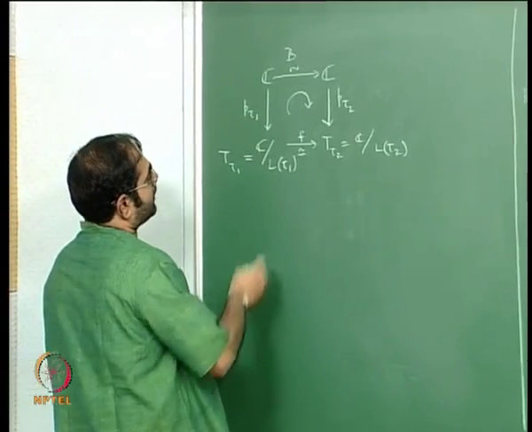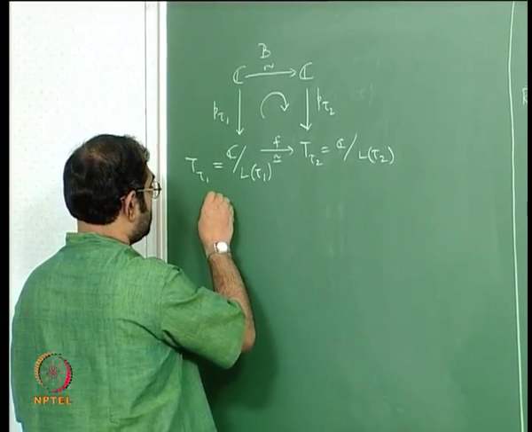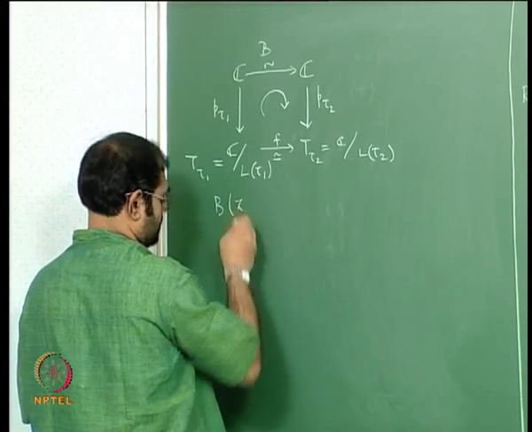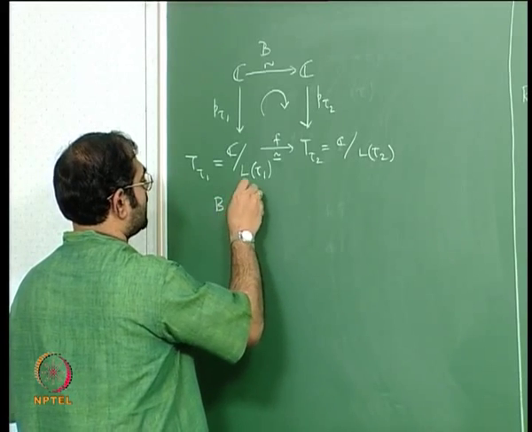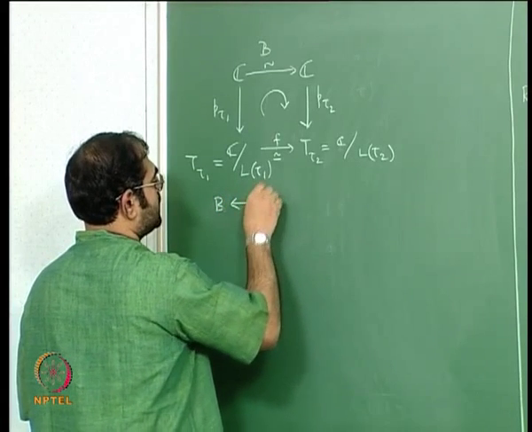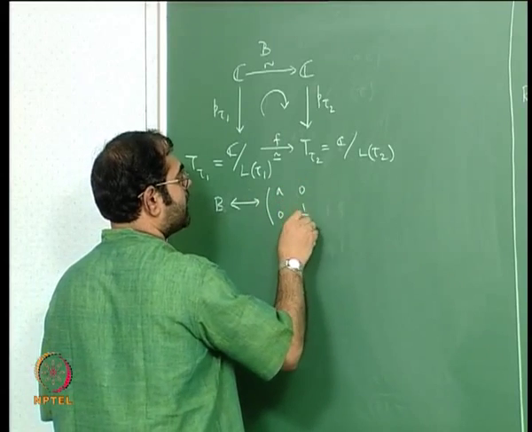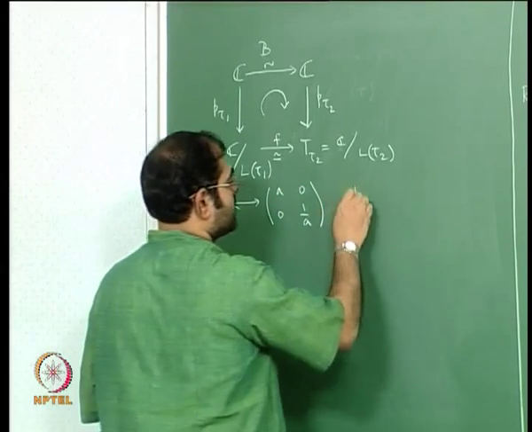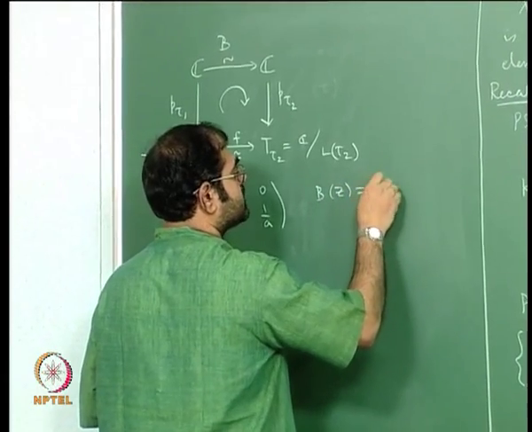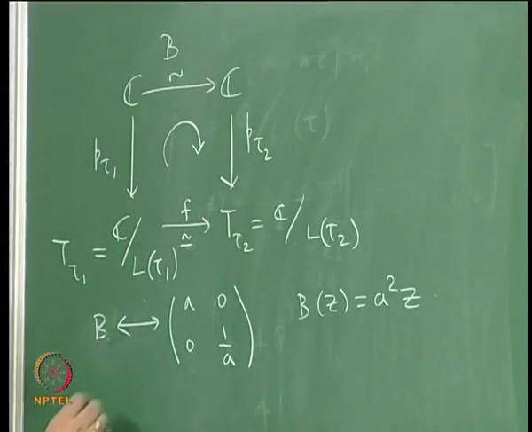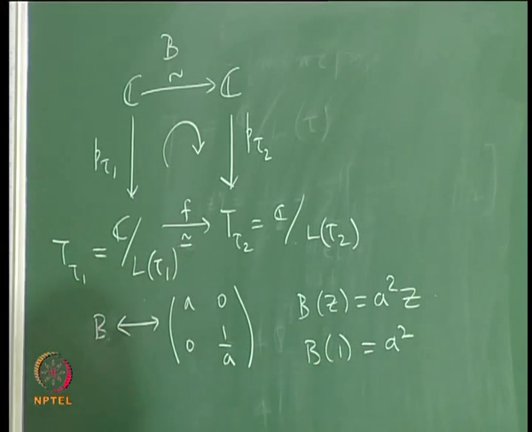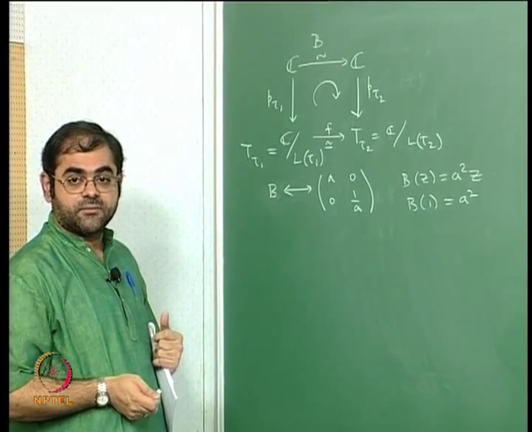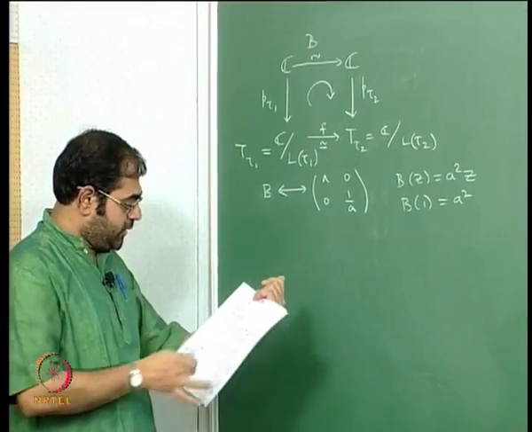And if you recall, the matrix of B was given by A 0 0 1 by A, okay. So B of Z was just A squared times Z, and of course B of 1 was A squared, and B is therefore additive, and it takes the lattice defined by tau 1 bijectively onto the lattice defined by tau 2. And what is this A squared?